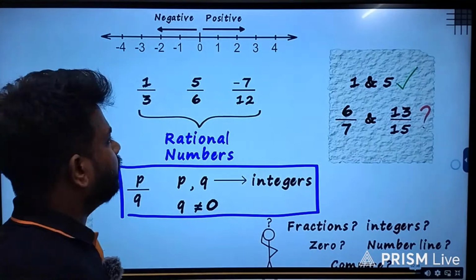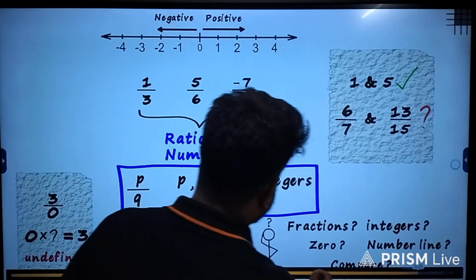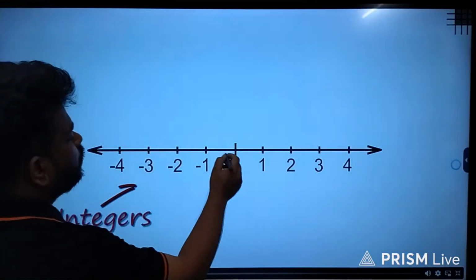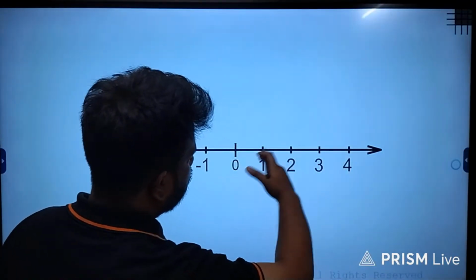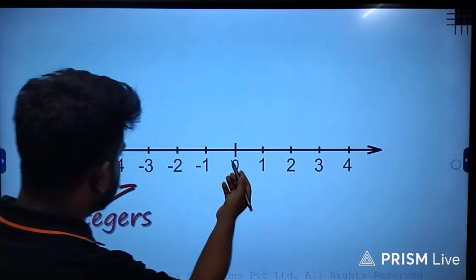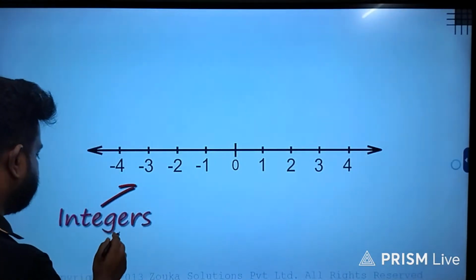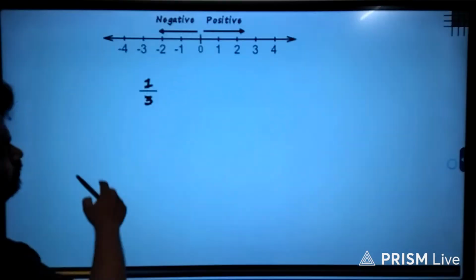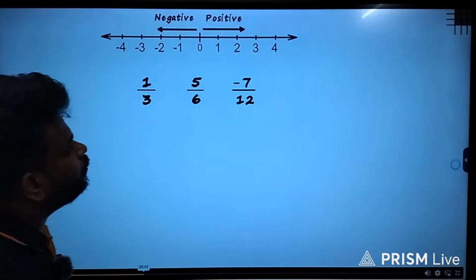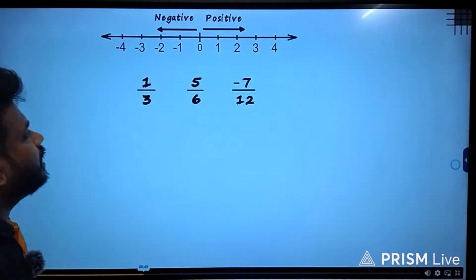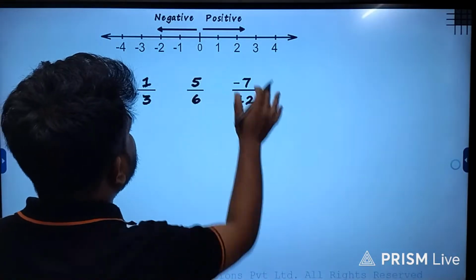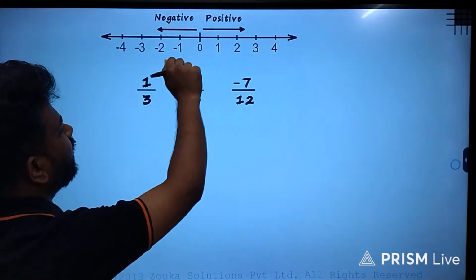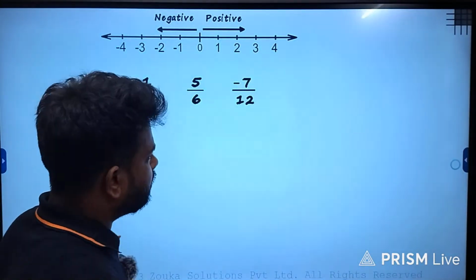So here's the video, and we have learned what rational numbers exactly are. This is a number line where 0 is in the middle, and after 0 are all the positive integers, and before 0 are all the negative integers. If we want to represent or plot fractions on the number line, we have to break it down by the denominators and place the fraction there according to its numerator.